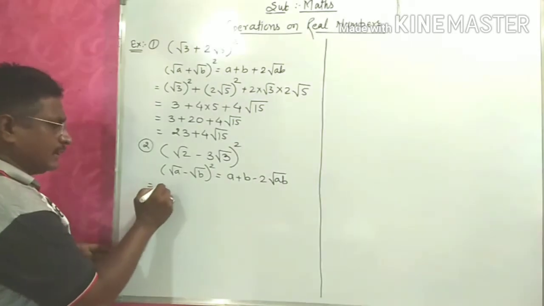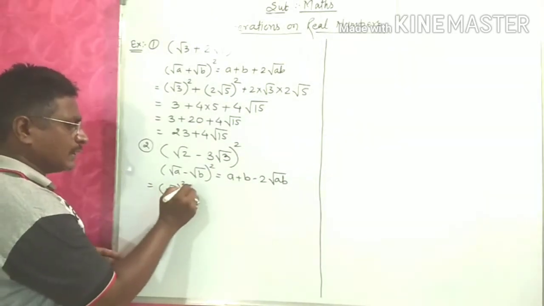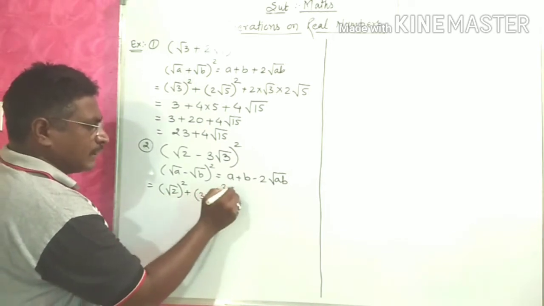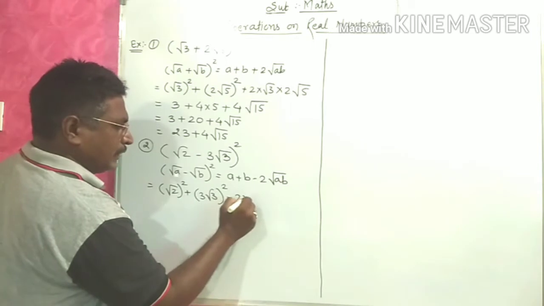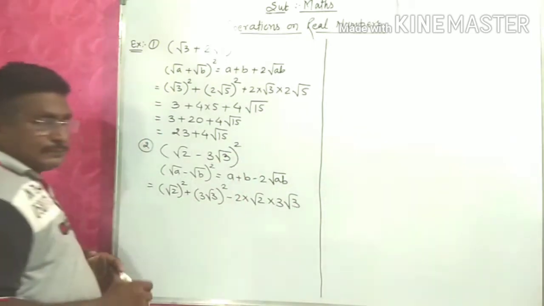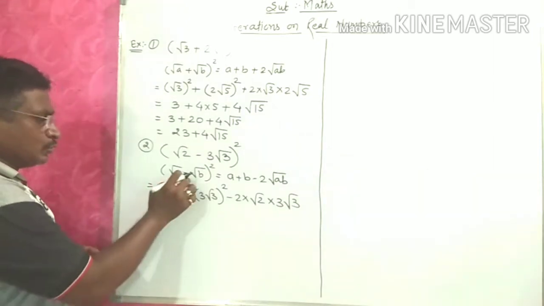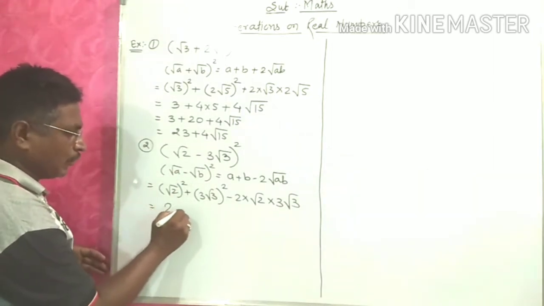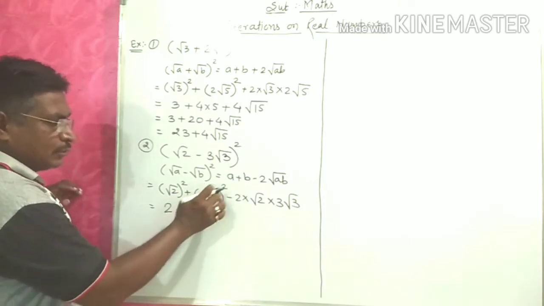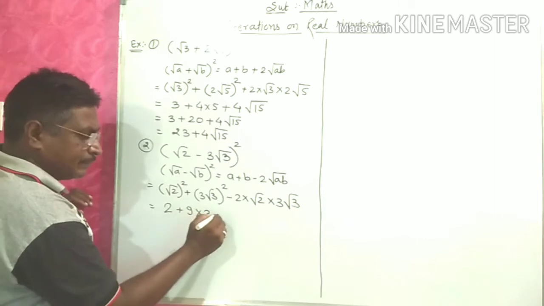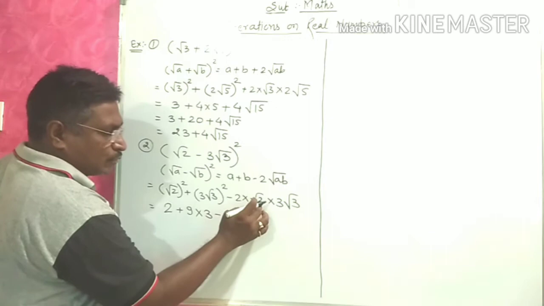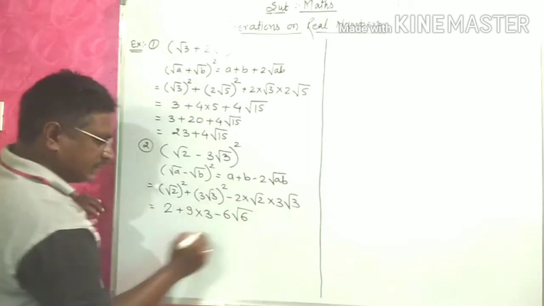See now here, (root 2) whole square plus (3 root 3) whole square minus 2 into root 2 into 3 root 3. In the same way, root 2 square means 2, plus 3 square is 9 into root 3 square is 3, minus 2 into 3 is 6, root 2 into root 3 is root 6.